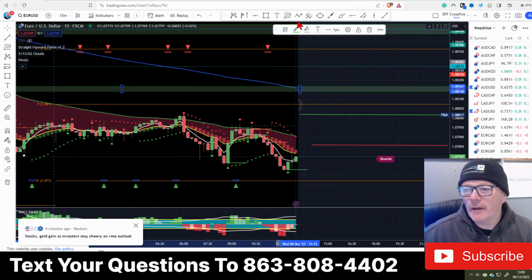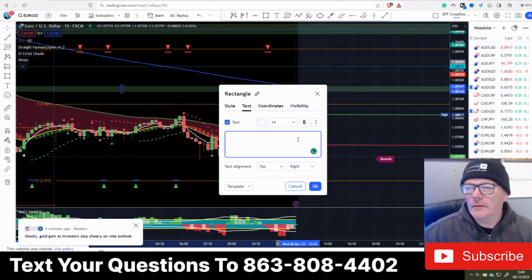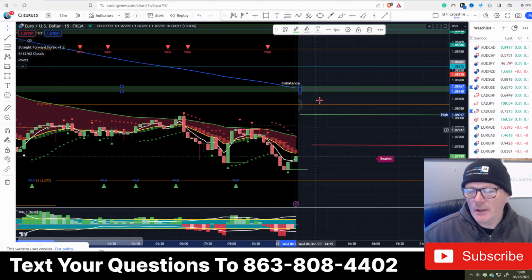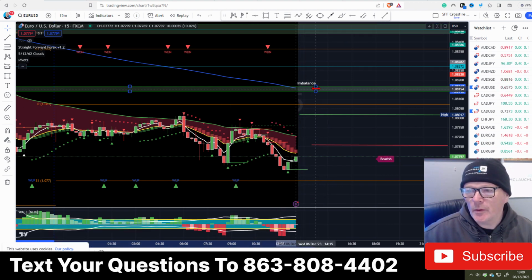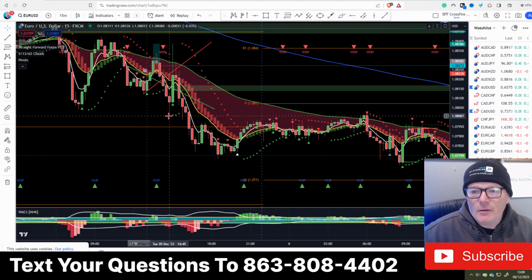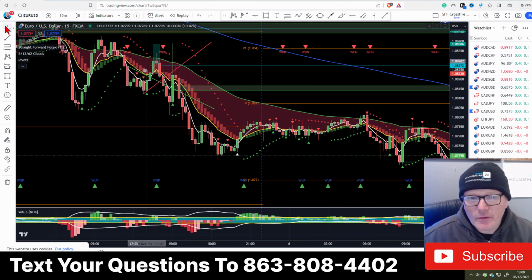I'll click on there, and click my little cogwheel. I've set up some templates, and this template is the imbalance one. Click OK. I'll pull it a little bit more to the relevant trading time. You can see all these up here, they're all overlapping.